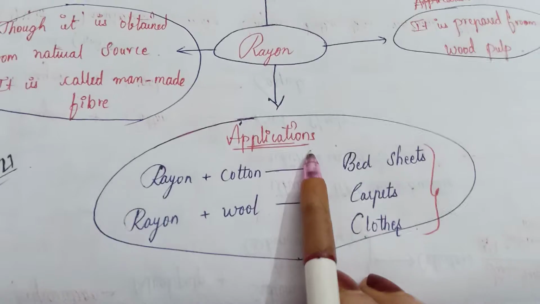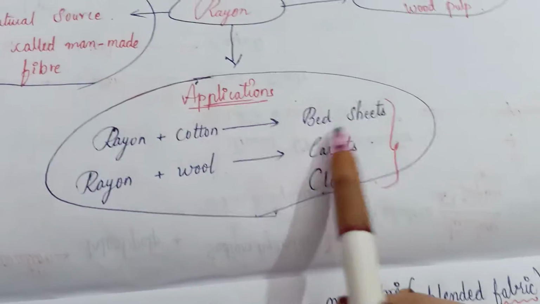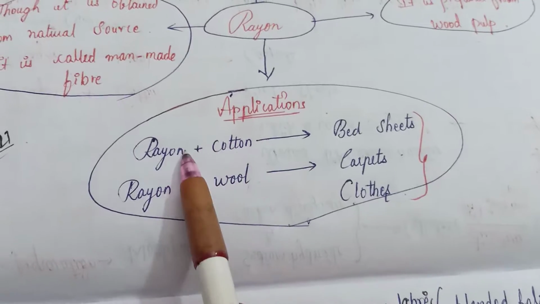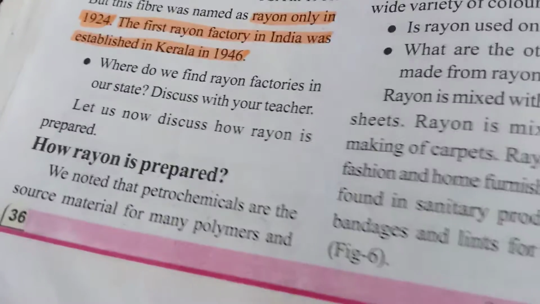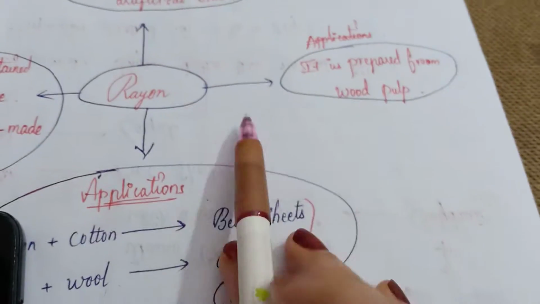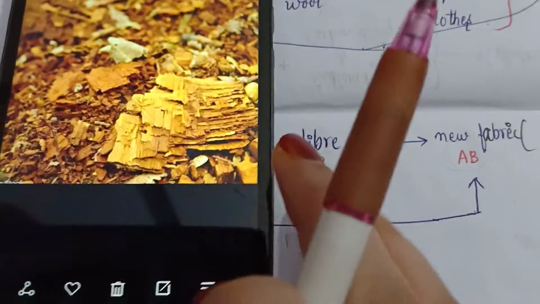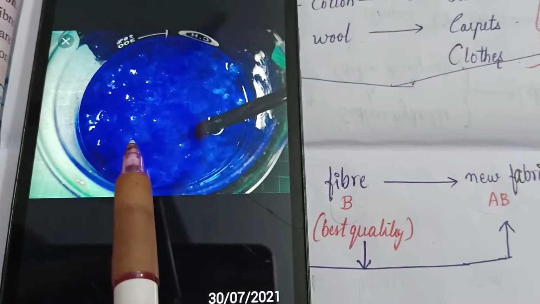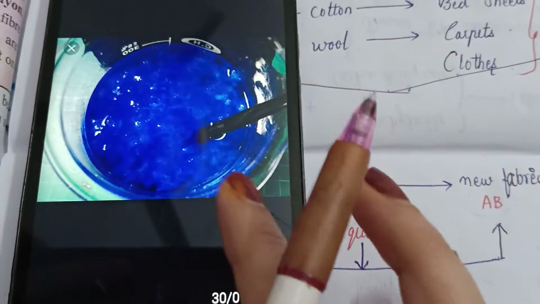And here is our application, right? Bed sheets, carpets and clothes can be prepared from rayon by combining rayon with some other fibers. So remember the preparation of rayon. Rayon is prepared from wood pulp. When the wood pulp is subjected to various chemicals, we form a viscose solution, a thick solution, blue in color.